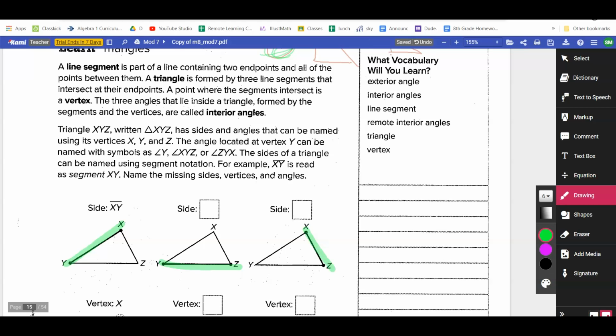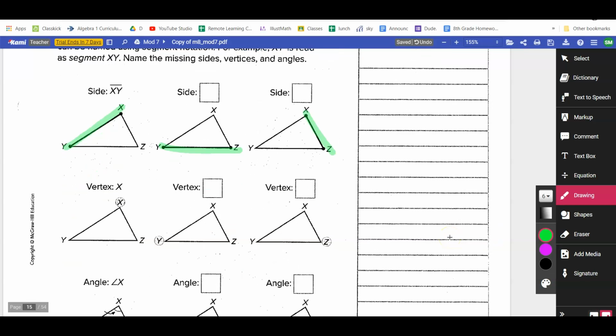You could also call it ZY and ZX, but to make things uniform, generally go in alphabetical order. Now, you don't have to, but that's good to do. If I were to name the vertex, this is a vertex here. There's a vertex X. This is a vertex Y. This is a vertex Z. Those are corner vertices, right?